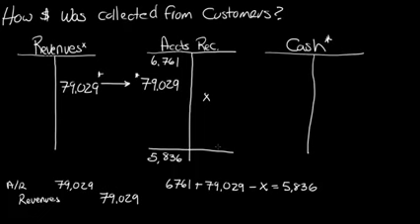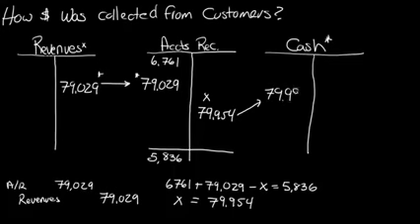Running through this, calculating all this out, I've calculated that X is equal to 79954. So what that means is 79954 makes this balance. That is a credit, so I need a debit to go along with it, and it goes right here, 79954.